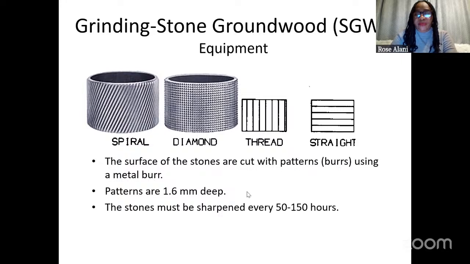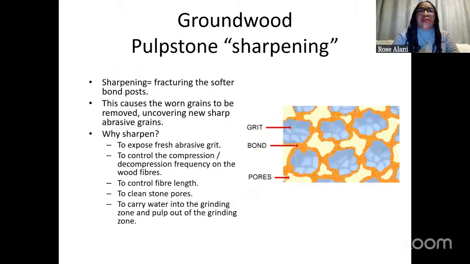And what does the sharpening help to do? The sharpening fractures the softer bond pores. This causes one grain to be removed, uncovering new sharp abrasive grains of the stone.